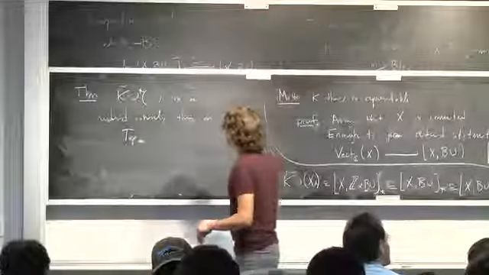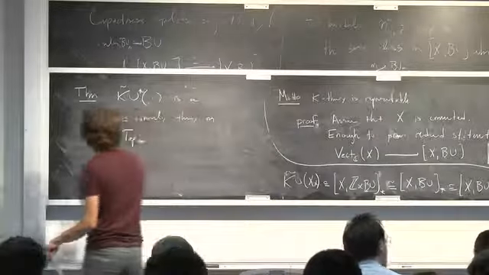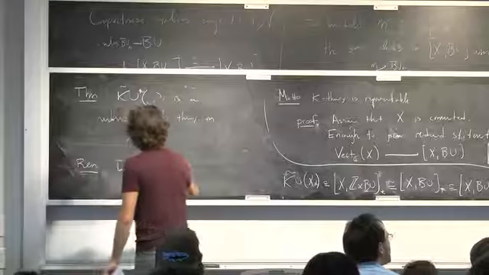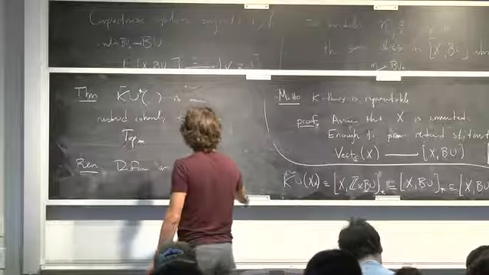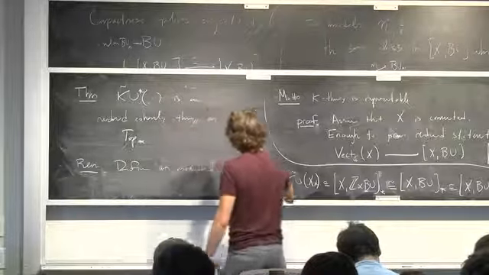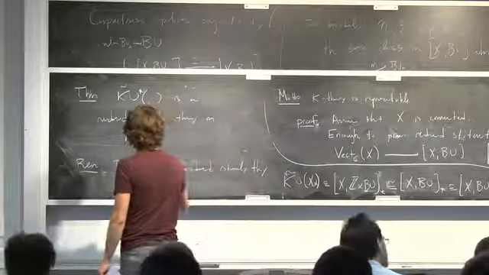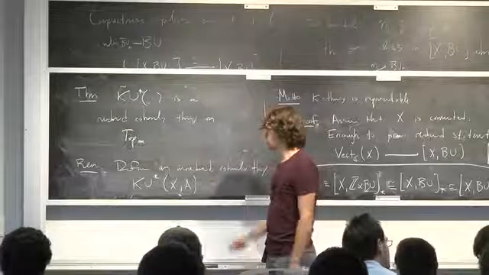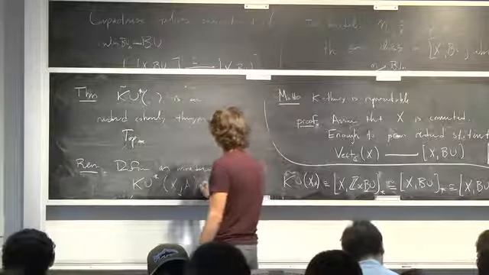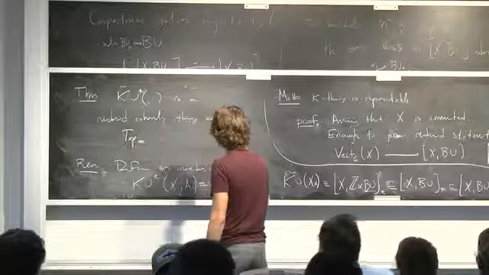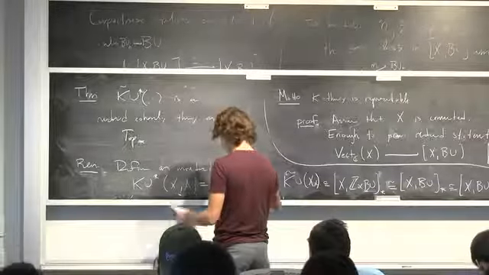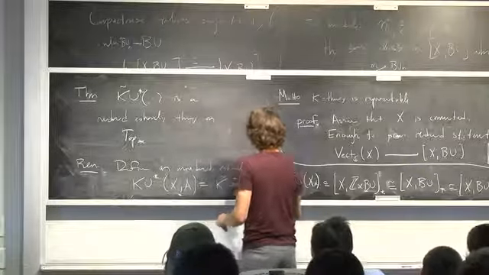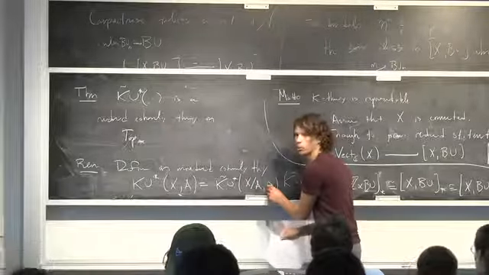Now let me give a remark. We can define an unreduced theory by defining KU star of X comma A, where, let's imagine these are CW complexes and A is a subcomplex, to be the reduced K-theory of X mod A. So I've collapsed A to a point, so this is the base point I'm choosing.